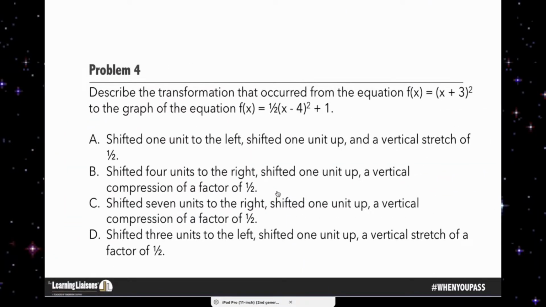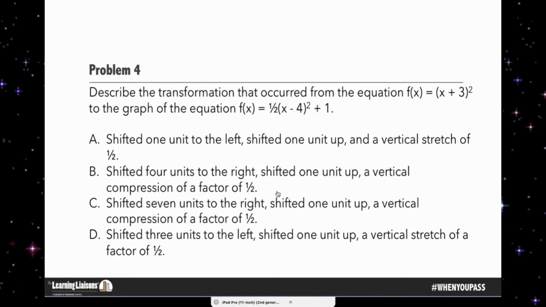Describe the transformation that occurred from the equation f of x equals (x plus 3) squared to the graph of the equation f of x equals 1/2 (x minus 4) squared plus 1.